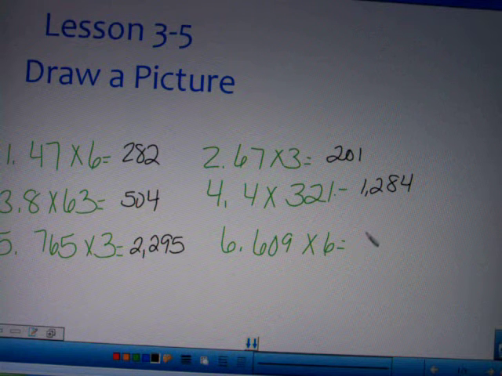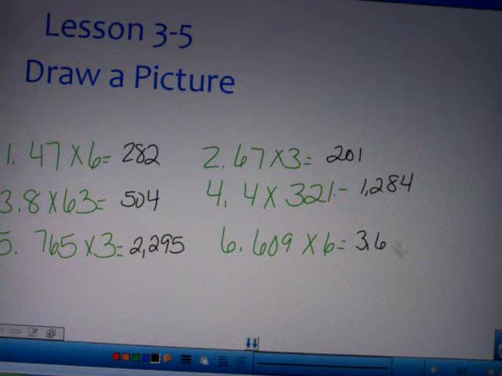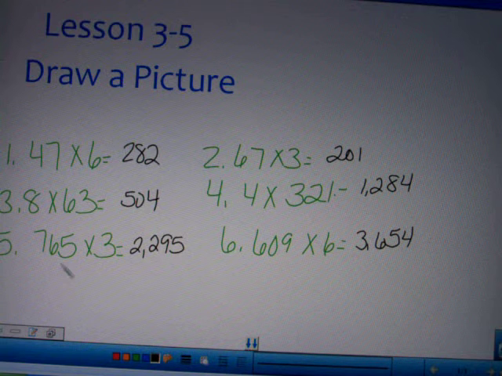And 609 times 6 is 3,654. So if you struggled with completing this assignment, you need to let me know, and I can just kind of double check and touch base with you and see how you're doing.